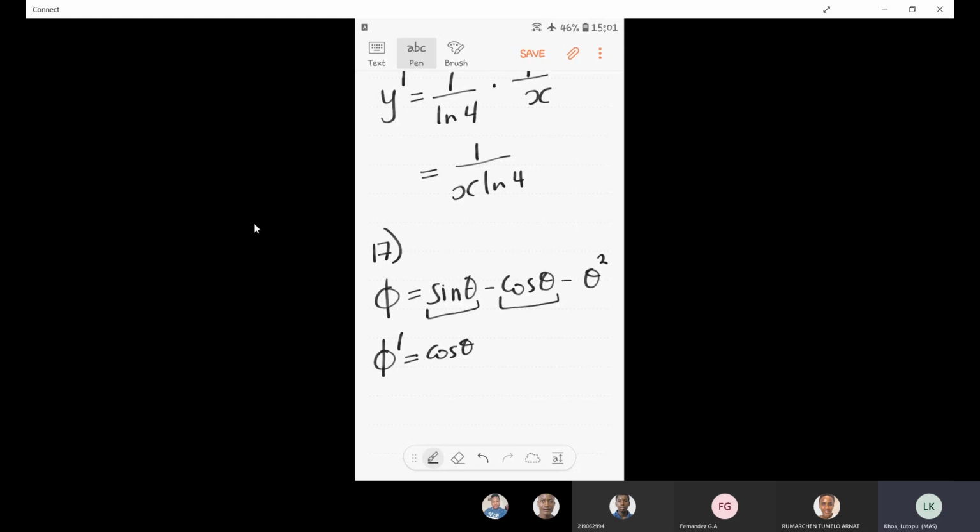So when negative sine theta multiplies with this negative over here, I will get positive sine theta. And then the derivative of theta squared, the 2 will come down, and then the exponent you decrease by 1. So this is minus 2 theta to the power of 1, and that is it.